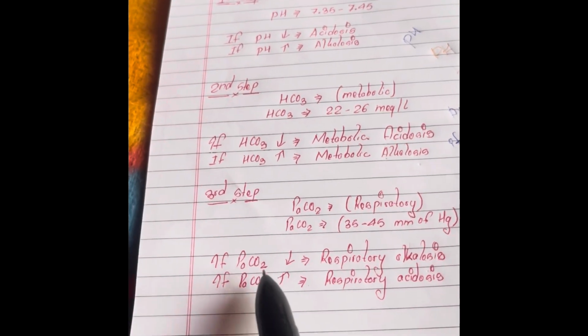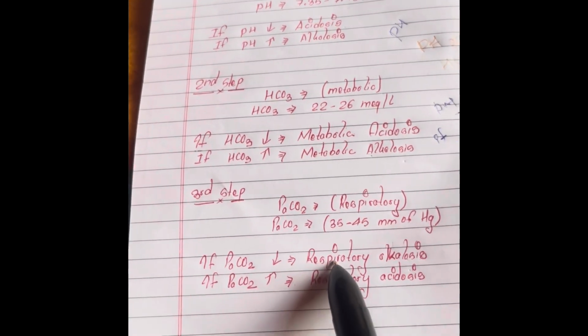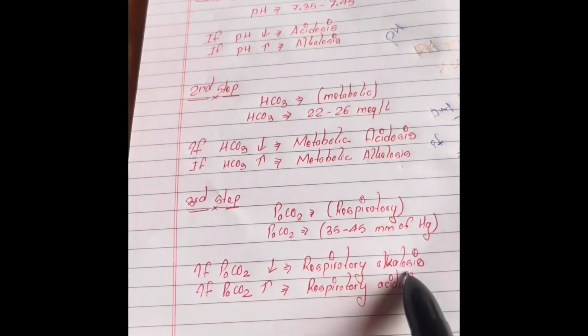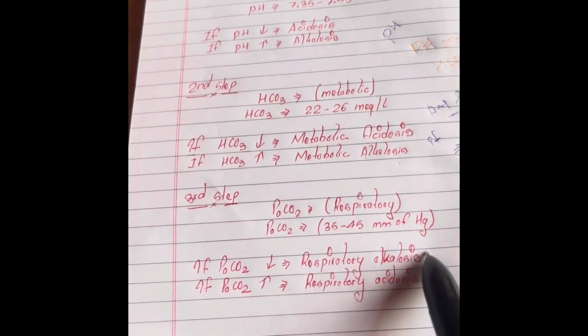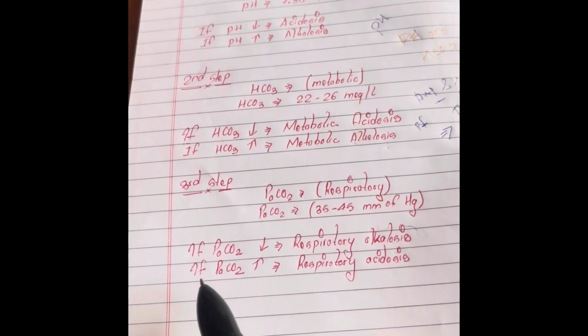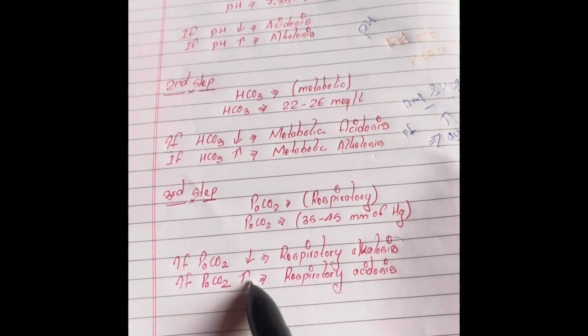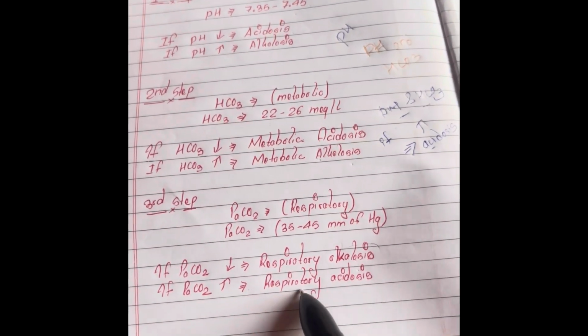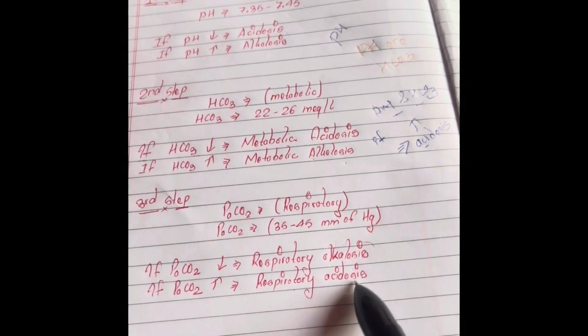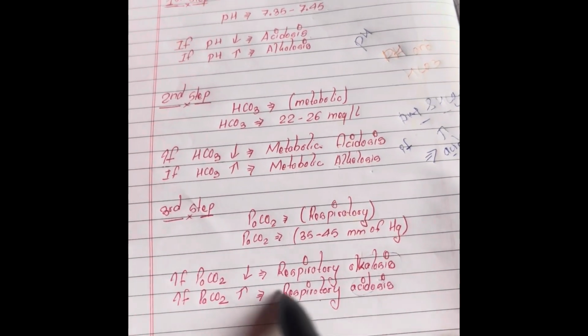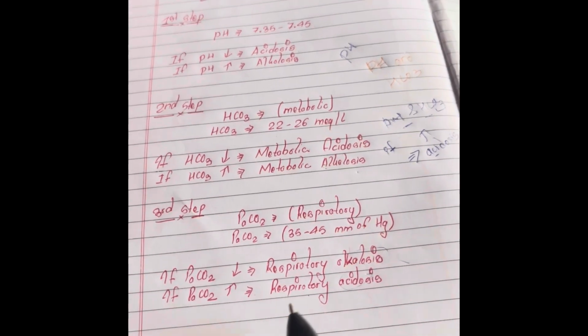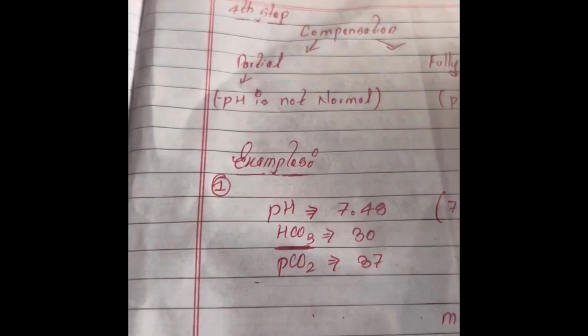PaCO2 is respiratory, but not acidosis, it will become alkalosis, just opposite in nature. And if the PaCO2 value increases, it is not alkalosis, it is acidosis, just opposite in nature.